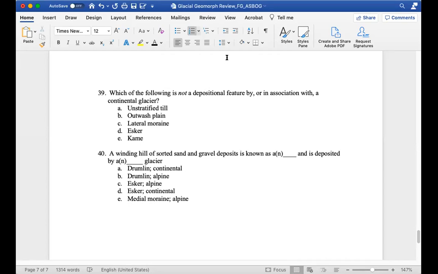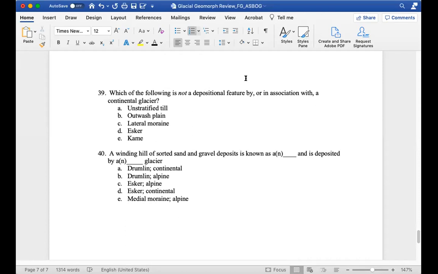So it's not B, D, or E. A lateral moraine is a depositional feature, but we don't see those with continental glaciation. We see those in alpine glaciation regions.